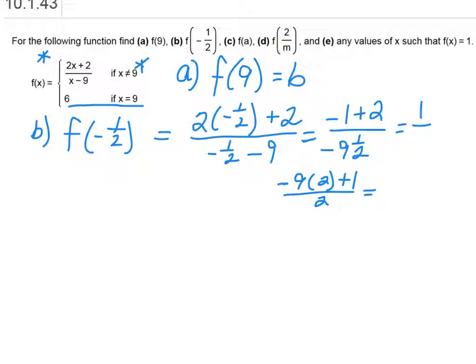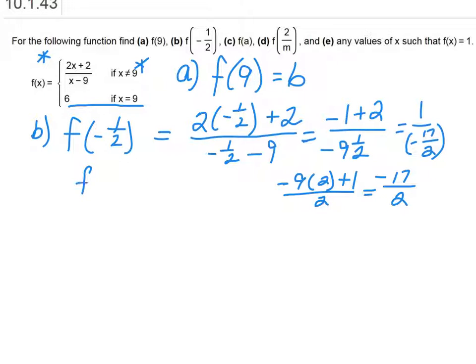Negative 18 plus 1 is negative 17 over 2. So what we have is 1 divided by the fraction negative 17 over 2. And, of course, that doesn't look very good either. So what we want to do is actually simplify that.